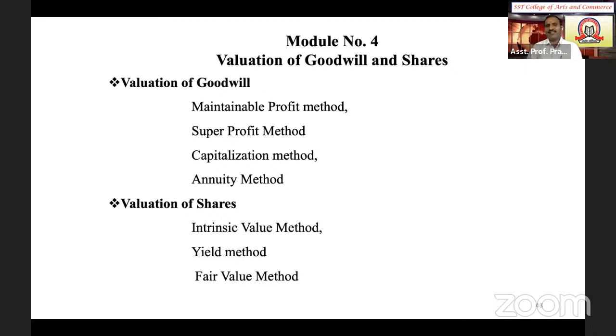Sometimes the question will ask you the annuity method. But if the university asks the question for 8 or 7 marks, they will ask the super profit method or capitalization. And regarding valuation of shares, there are 3 methods: intrinsic value method, yield method, and fair value. Now we will discuss one by one here.